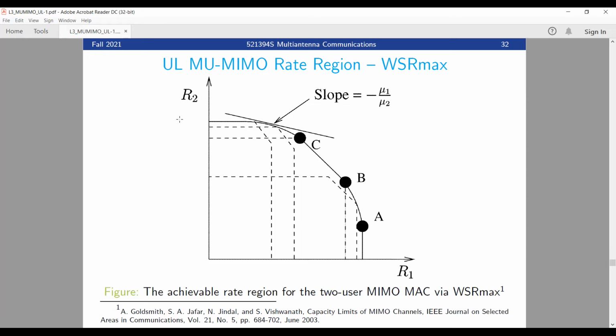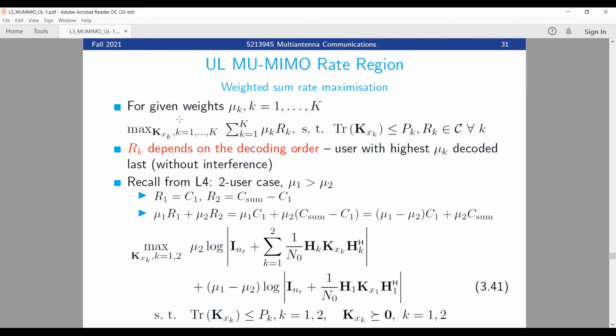This is in general: weighted sum rate over all users, where the optimization variables are the transmit covariance matrices, subject to individual power constraints. Right?